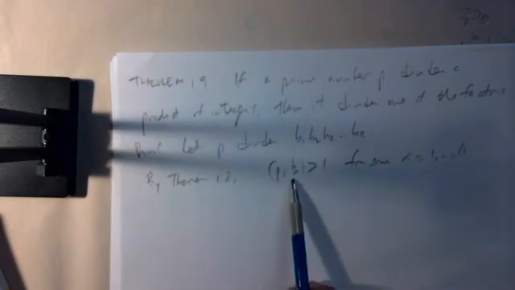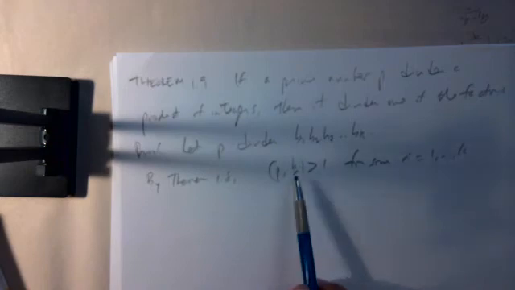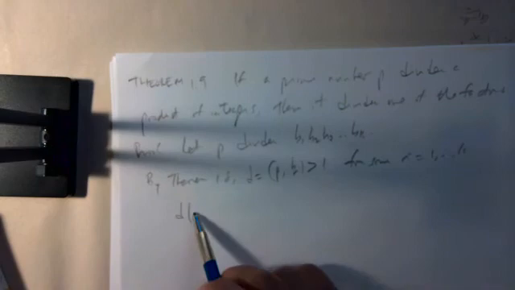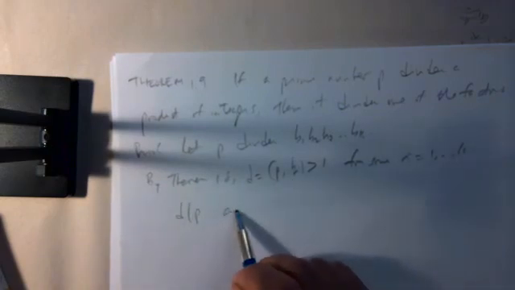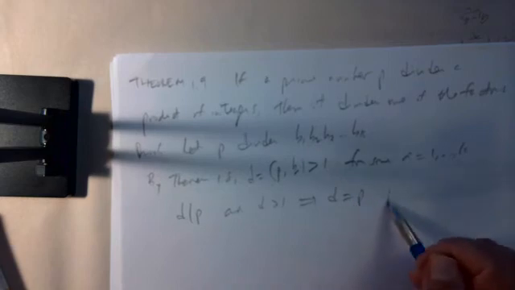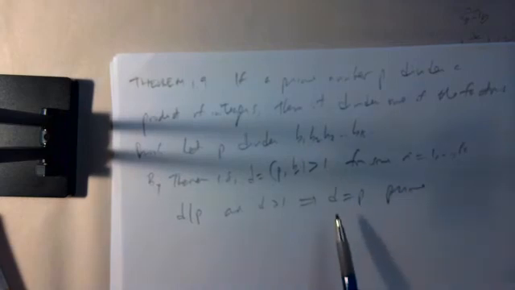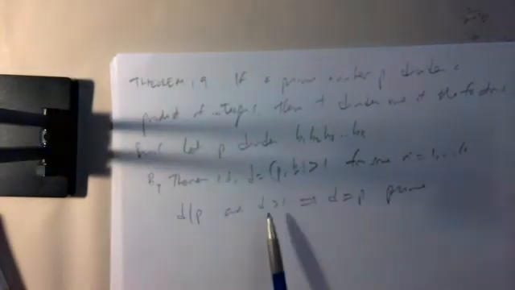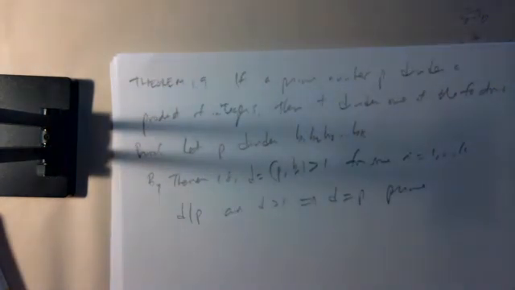P has to have a greatest common divisor with at least one of them, B sub I. Call that greatest common divisor D. D divides P, and D is greater than 1. So D equals P because P is a prime. The only positive divisors of a prime are 1 and itself. So if you have a divisor of a prime which is bigger than 1, the divisor has to equal the prime. So P divides B sub I. And that's the proof.